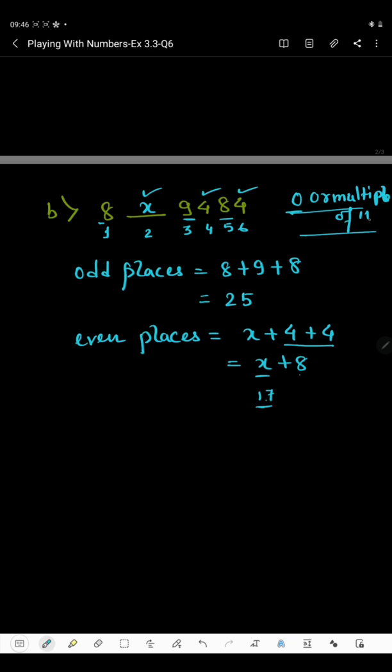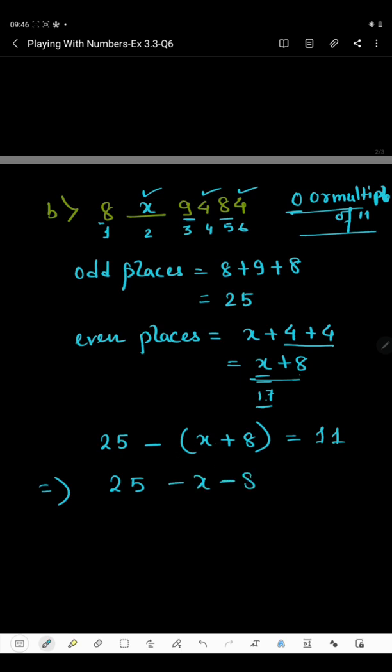So we will check how it can be 11. The sum at odd places is 25, and the difference is equal to 11: 25 minus 8 minus x is equal to 11. 25 minus 8 is 17, and here we have minus x equals 11.